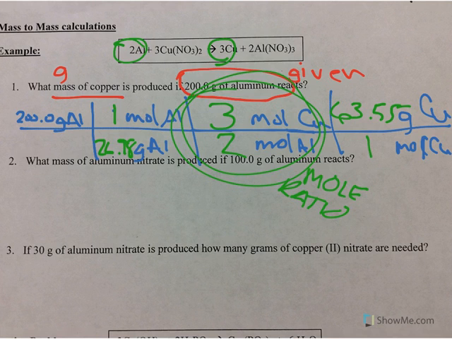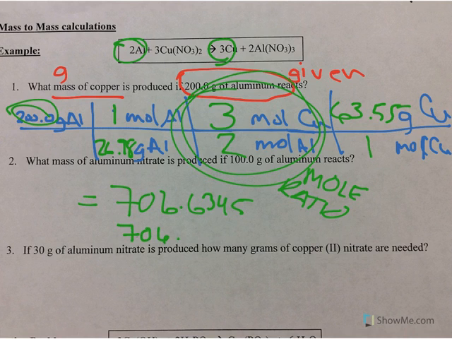So that's going to get me 706.6345, and so on. I need 4 sig figs, so that's just going to round to 706.6, and that's going to be grams of copper.